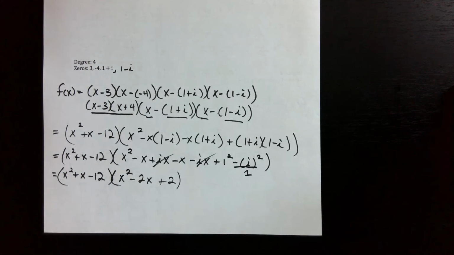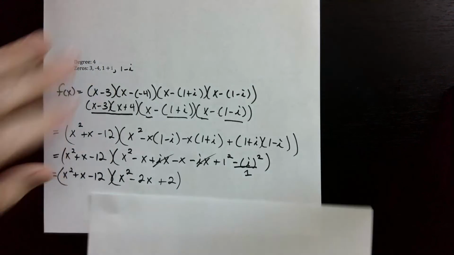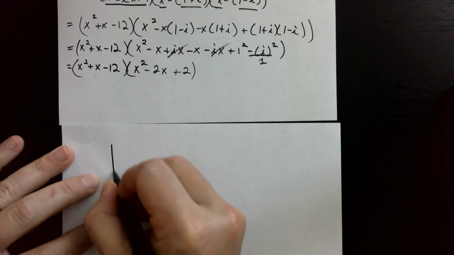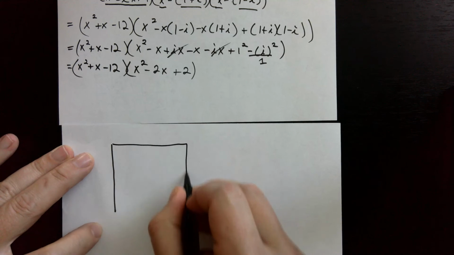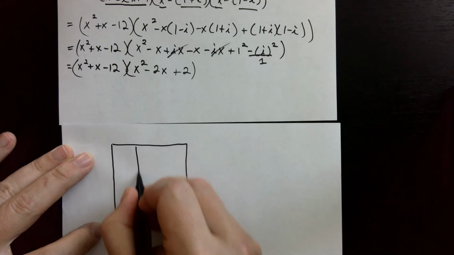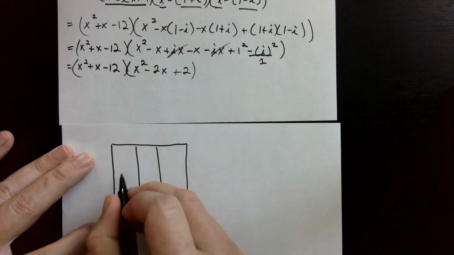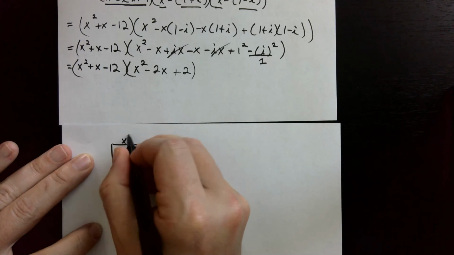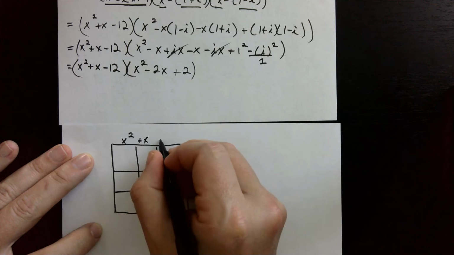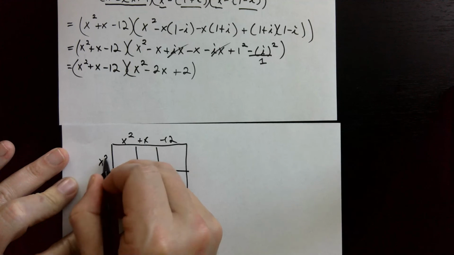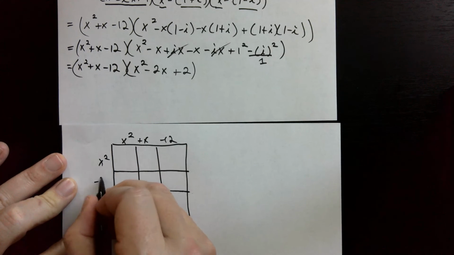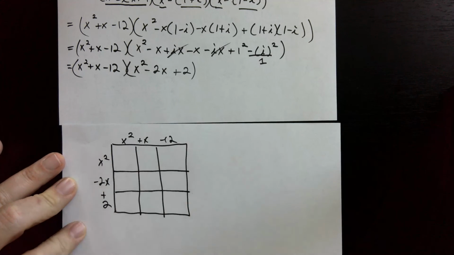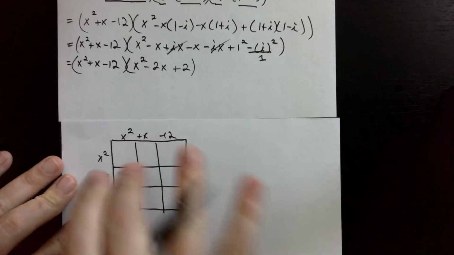So let's do that. On top I'll put x squared plus x minus 12, and on the side I'll put x squared minus 2x plus 2. And you could do either side. You could flip these if you wanted.